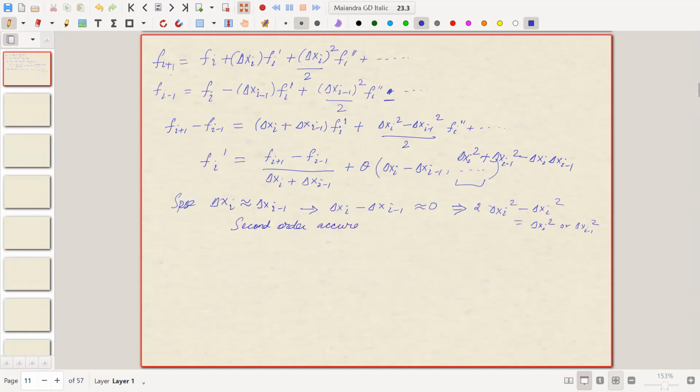Okay, so if you don't have a uniform grid but a non-uniform grid, and you have the additional condition that delta xi is very close to delta xi minus 1, then you have a second order method. Now suppose the next case, delta xi is much larger than delta xi minus 1. What will happen?